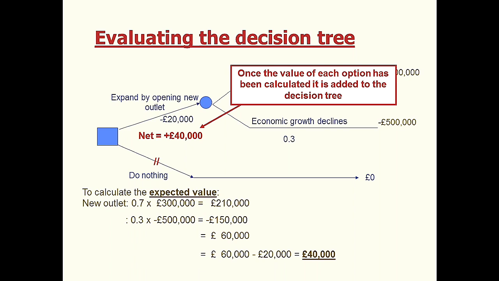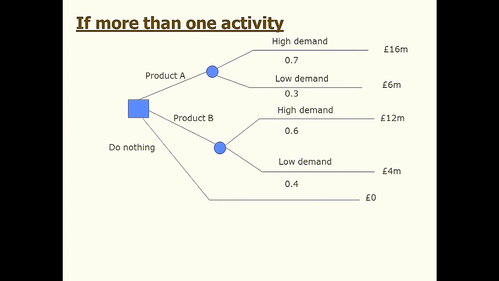Now what will happen if there is more than one activity in the case? Most of the time our questions have more than one activity, and most decision trees will have more than one option to choose from. So over here we have product A, product B, and then do nothing.